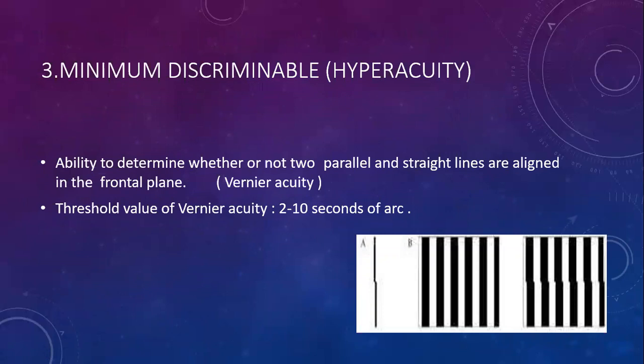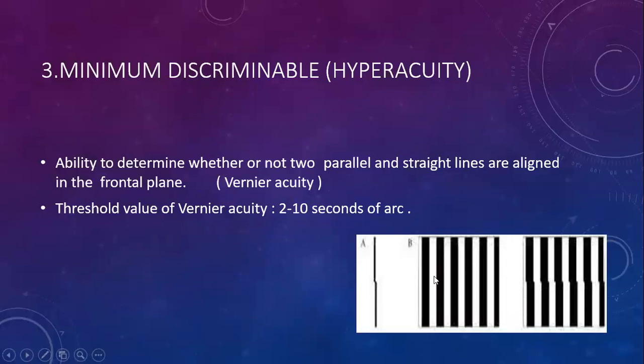Minimum discriminable acuity is sometimes termed hyperacuity. What is that? It is the ability to discriminate whether or not two parallel or straight lines are aligned in the frontal plane. That's called vernier acuity. Is the line straight, parallel or not?